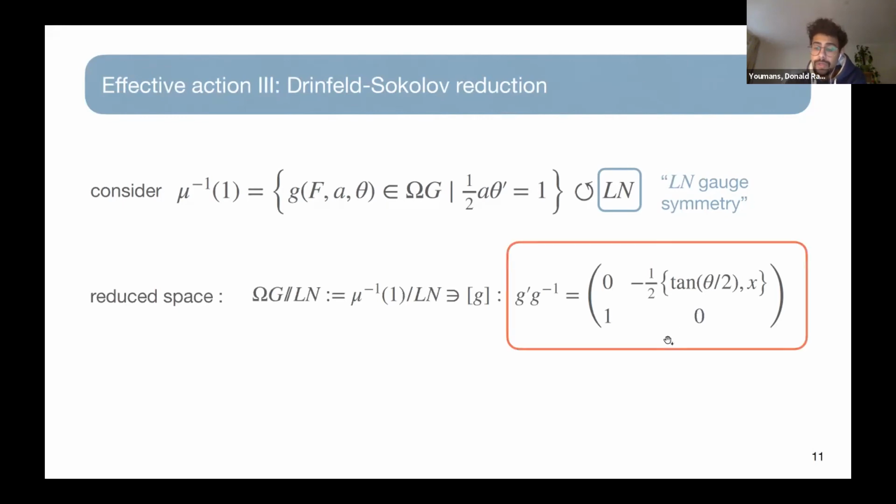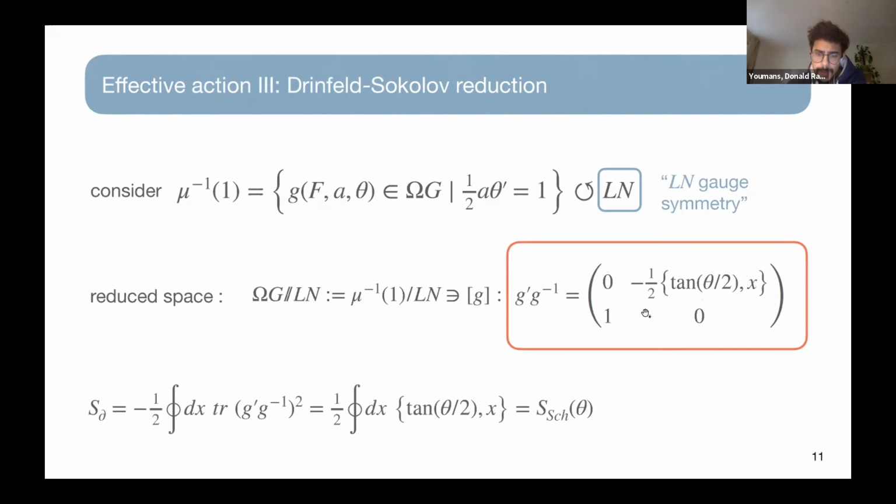And with this off-diagonal form, where we see in the upper right corner already kind of the Schwarzian of the tangent of theta half, it's very easy to find that this energy functional of this specific representative gives us the Schwarzian action. So this is how basically the boundary action just reduces to the Schwarzian action.